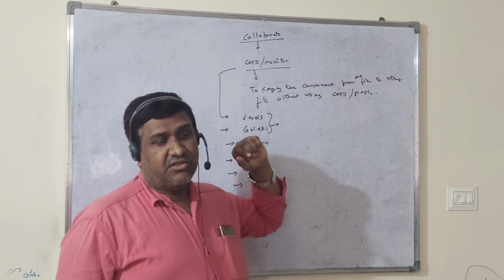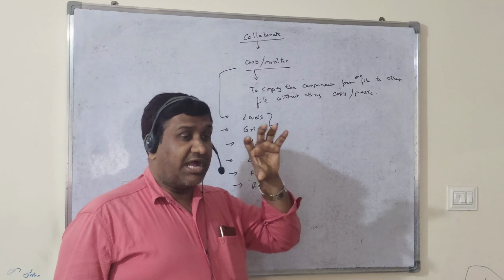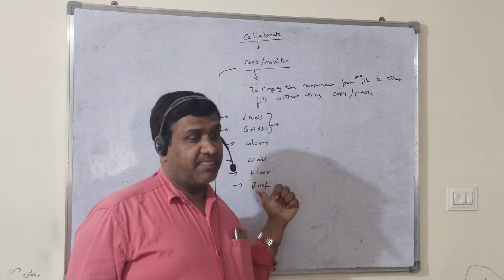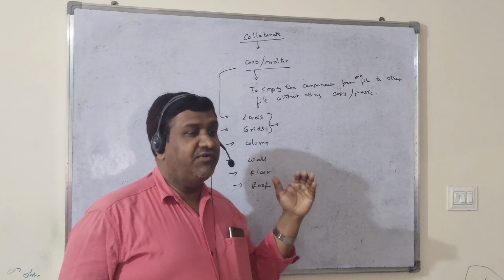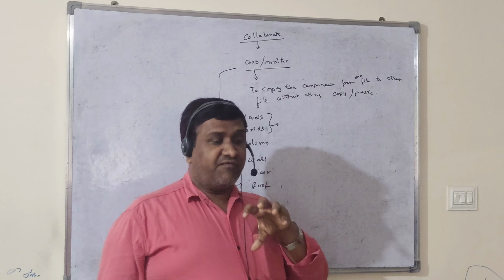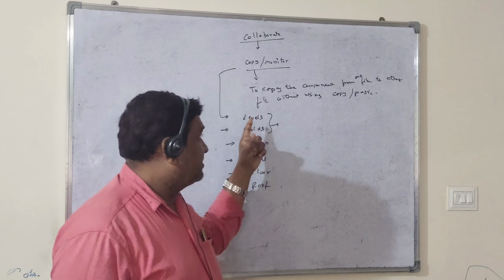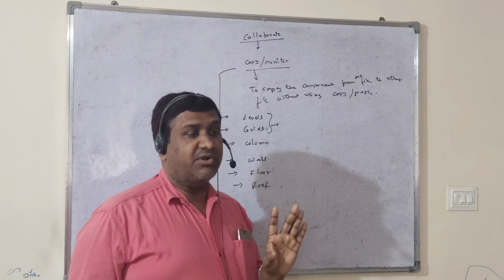How is it possible to take the levels and grids with Copy Monitor? We will learn that today. When you start any project, if you have the input file in Revit, then Copy Monitor is possible with Revit only.